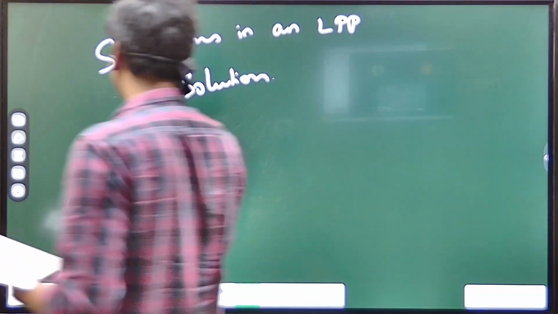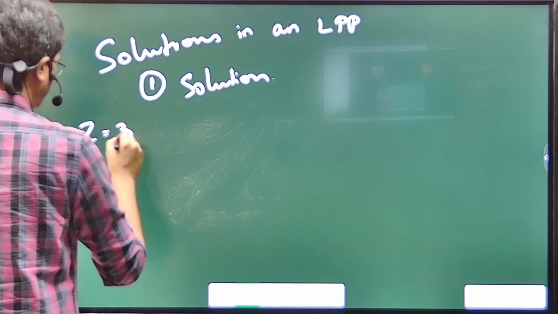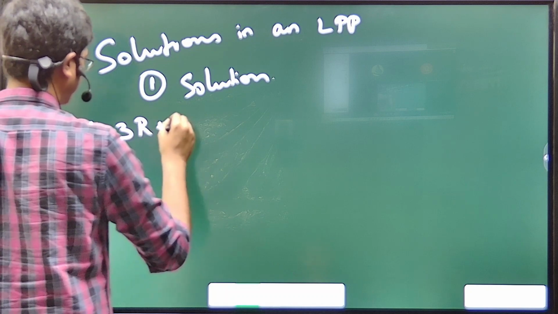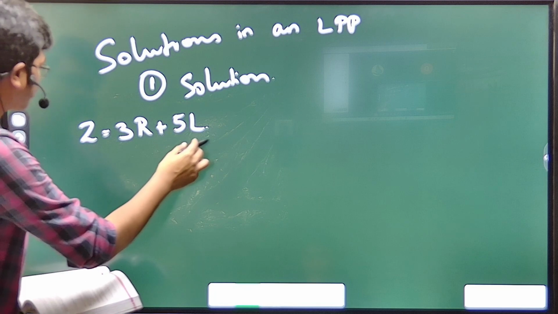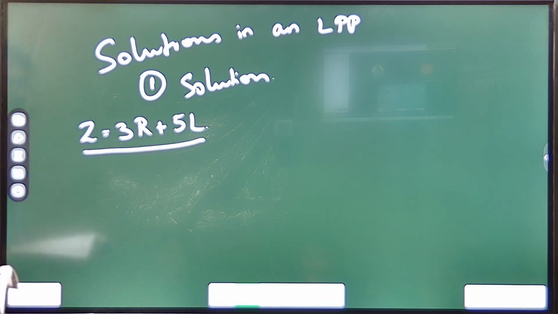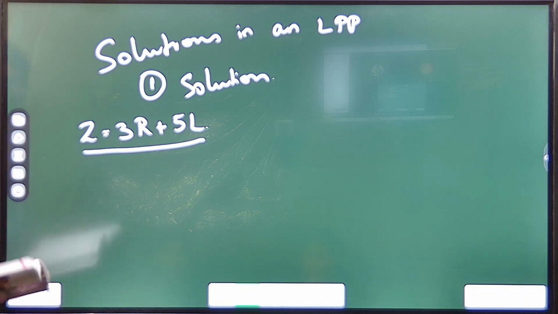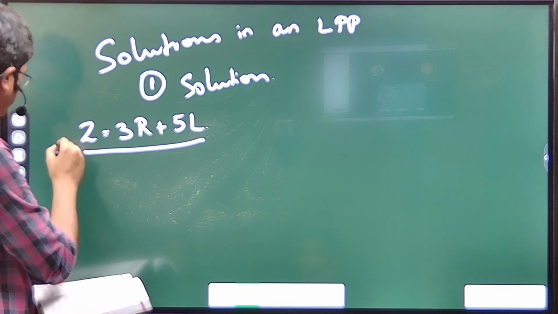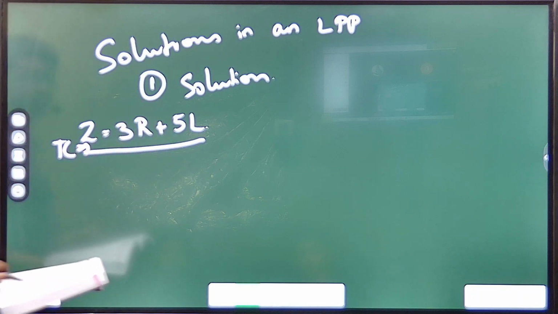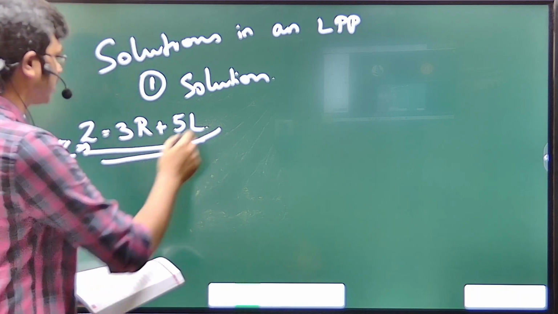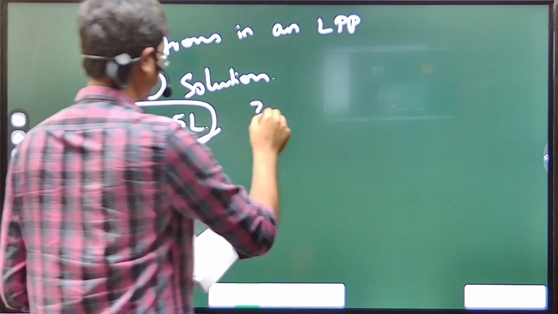Suppose z equals 3r plus 5l. If this solution holds good for all values of r and l, then this is a solution, right? So you have solved the equation and you are getting the total cost as this function. This is a solution that satisfies all your conditions.